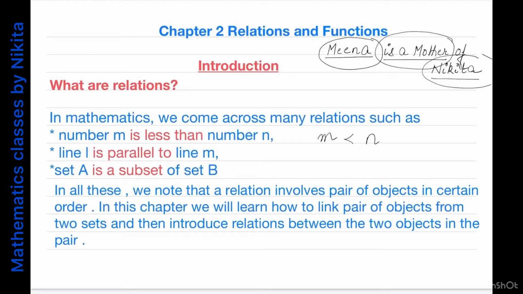Okay, and you may have line L is parallel to line M. So is parallel to is a relation between line L and line M. So this is also a relation, तो ये सारे relation की category के अंदर आते हैं. हम maths के अंदर हर जगह पढ़ते हैं ये relations, but अब हम formally पढ़ेंगे, अच्छे से पढ़ेंगे कि relations होते क्या हैं, उनकी definition क्या होती है, उनकी properties क्या होती हैं.